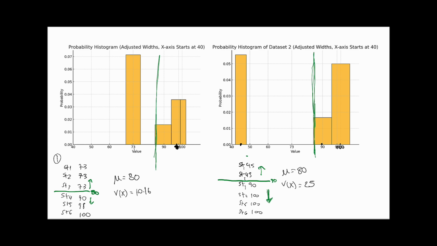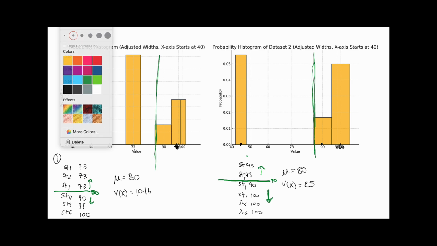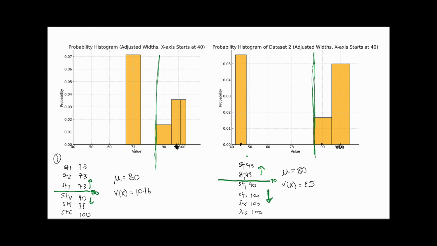What changes between these random variables is the variance. The variance is how spread out your variable is. This one goes from 73 to 100. Can you see that I have a more concentrated histogram? It's concentrated between 73 and 100.